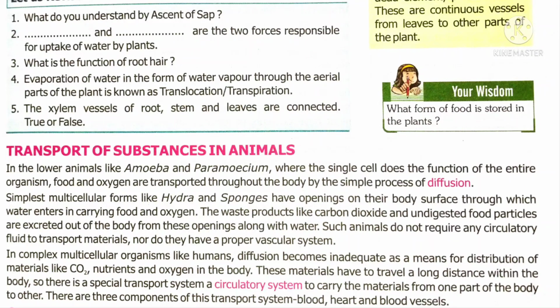So what do you understand? Water carries food and oxygen in. In the same way, water eliminates undigested food and waste products like carbon dioxide. Multicellular organisms like hydra and sponges have openings on their body surface.